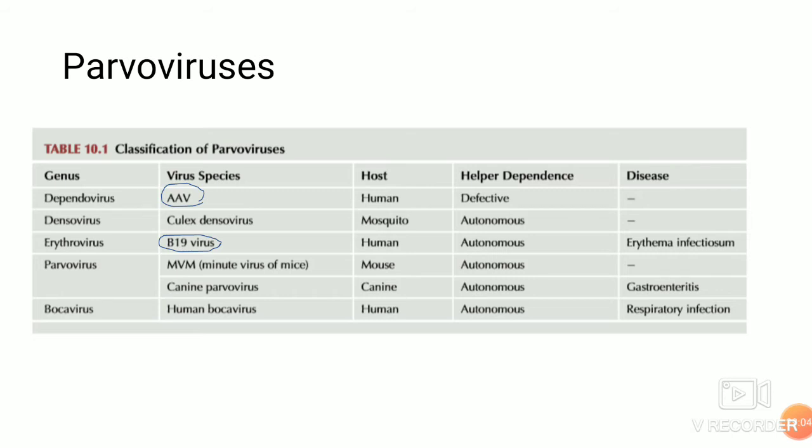There are very few in this group which cause human disease, of which we will discuss two viruses. One is a defective virus, AAV, the adeno-associated virus, and the other is B19, which is an autonomously replicating virus that does not need helper dependence and causes a disease in infants called erythema infectiosum.